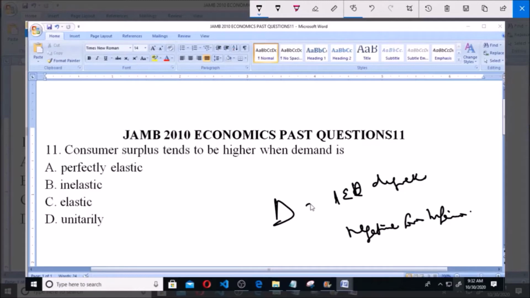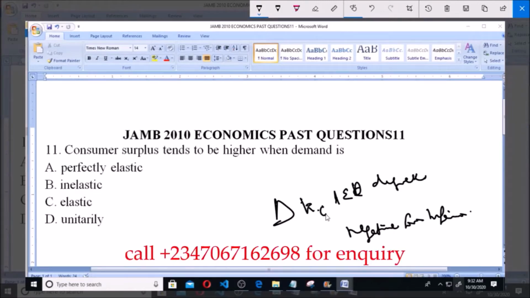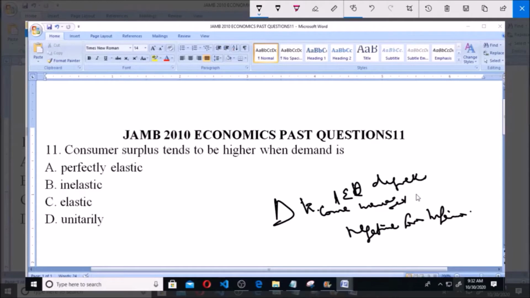So as your income increases, your demand decreases. So based on the above comments, option C is the correct option.